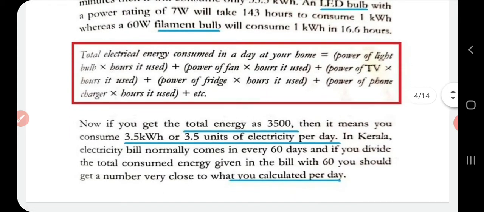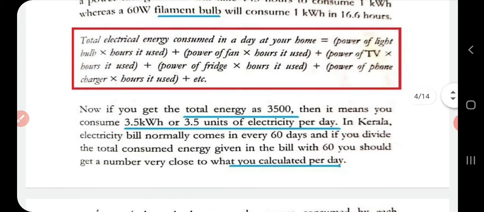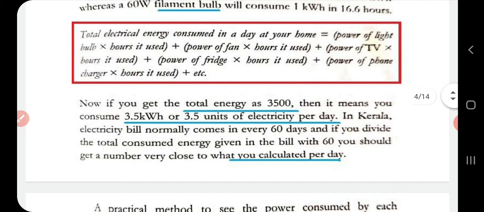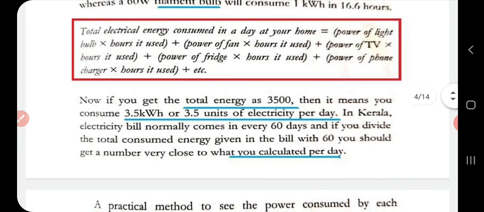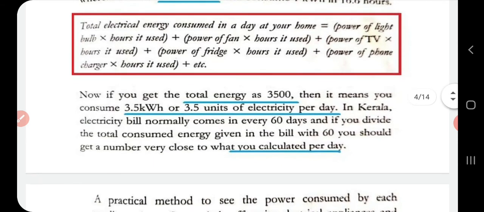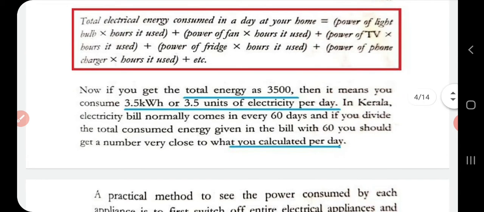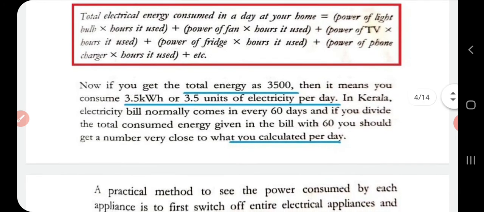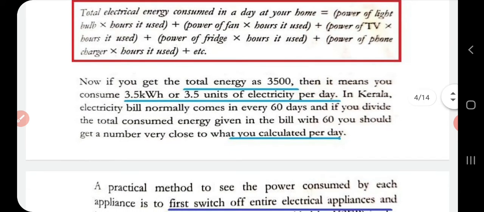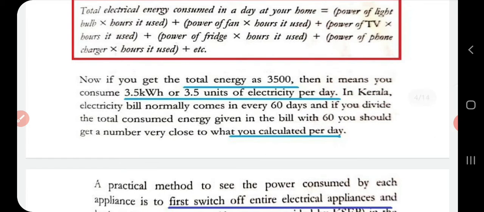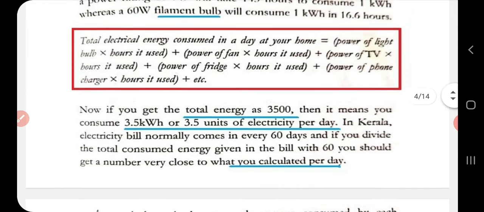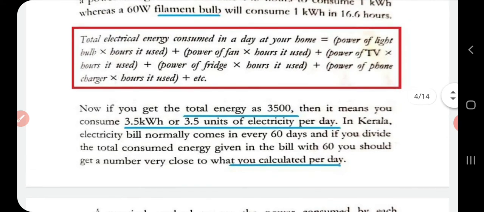Now here, the total energy consumed in a day at your home will be equal to power of light bulb into hours it is used, plus power of fan into hours it is used, plus power of TV into hours it is used, plus power of fridge into hours it is used, plus power of phone charger into hours it is used, plus etc. This is how you can calculate the total electrical energy consumed in a day at your home.